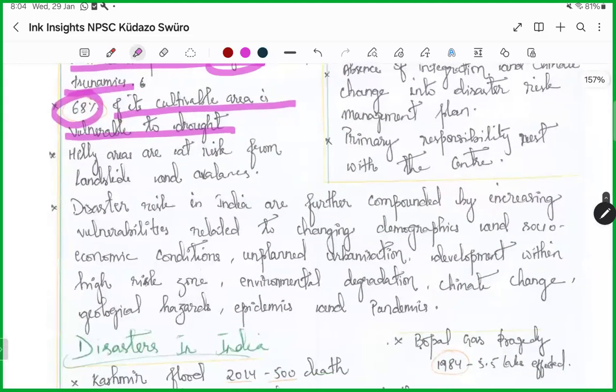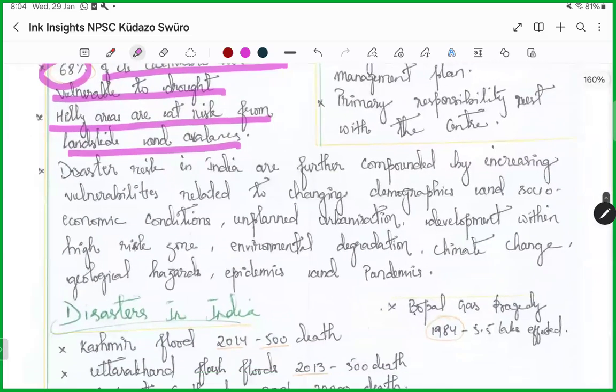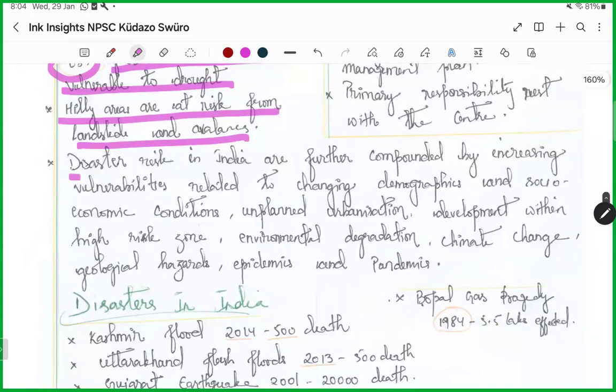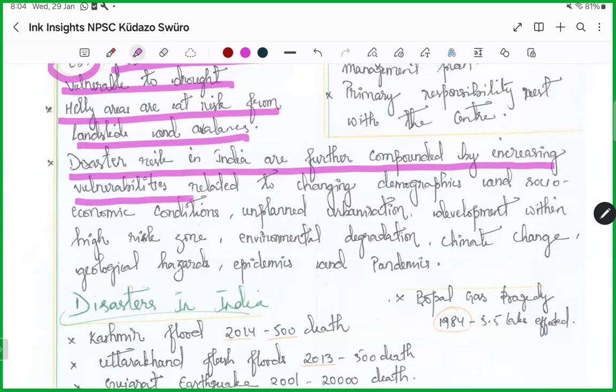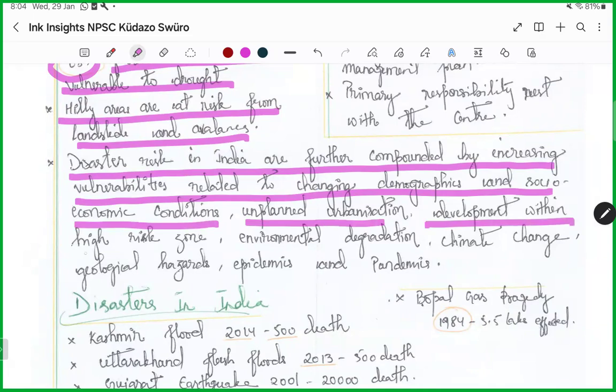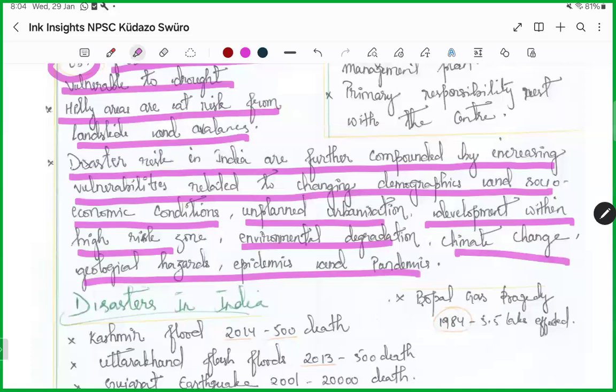Hilly areas are at risk from landslides and avalanches. Disaster risks in India are further compounded by increasing vulnerabilities related to changing demographics and socio-economic conditions, unplanned urbanization, development within high-risk zones, environmental degradation, climate change, geological hazards, epidemics, and pandemics.